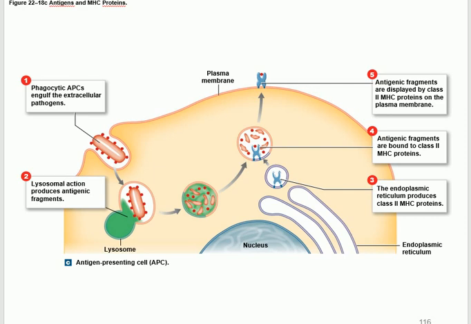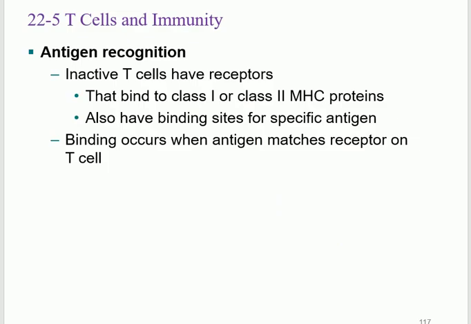First they find the pathogen or the microbes or the foreign body, whatever it is, something that has a foreign antigen, and they phagocytose it, break it down, and then present this antigen to the rest of the immune system. So in antigen recognition, the cells are going to come because of the chemotaxis that's happening.